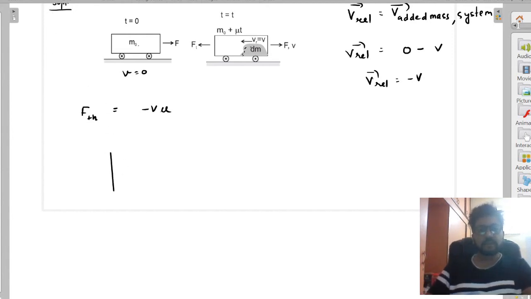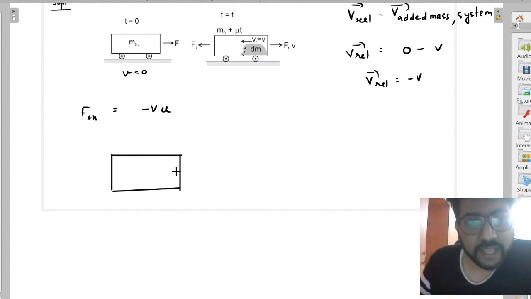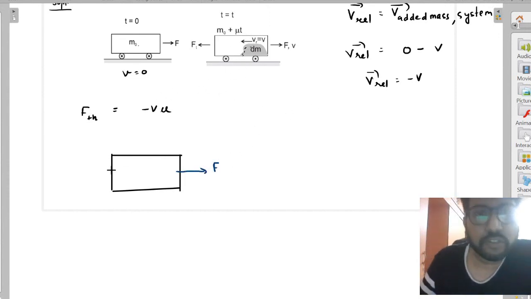So now let us draw the FBD of this system. You will see that this was the external force, and because mass is added, the thrust force is in the direction of v relative, which is towards left.